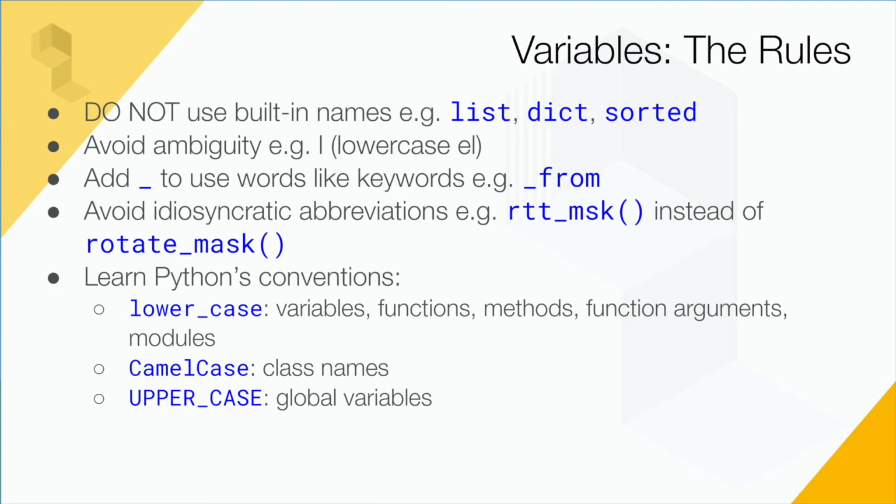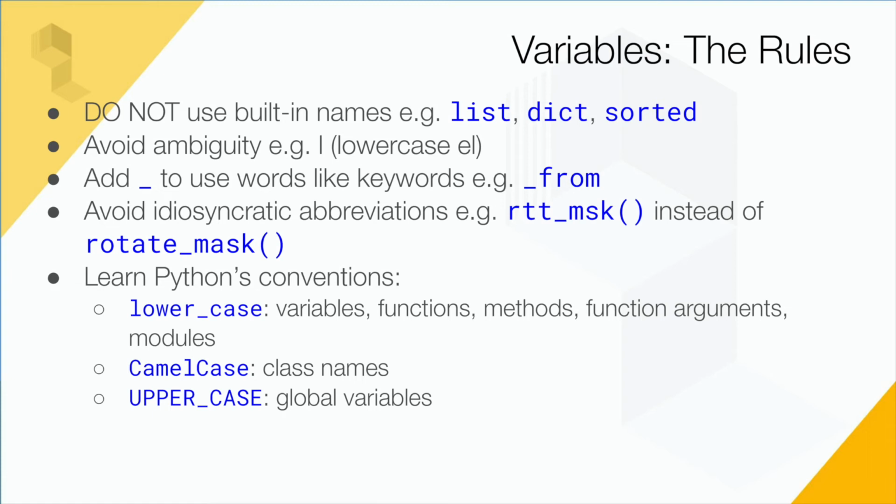Import is replaced with either _import or import_, etc. Try to avoid idiosyncratic abbreviations. Instead, use legible words separated by underscores for readability. Instead of rtt_msk, use rotate_mask. Instead of rslt, use result, and so on.